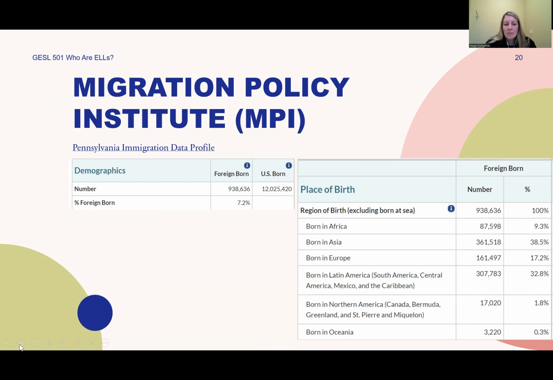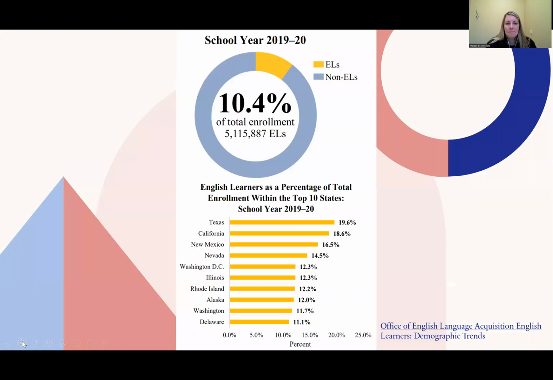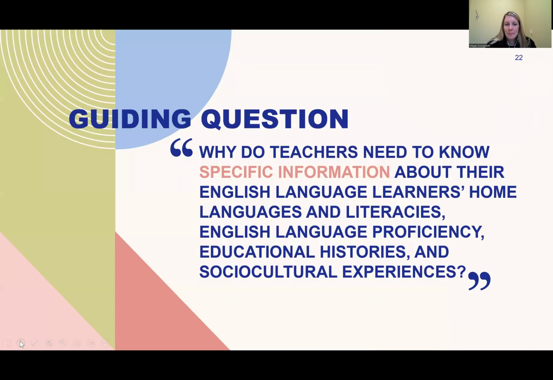About 7.2% of students are foreign born, and you can see here the regions that they're born in and how many students approximately are living in the US. I also wanted to share this data with you, that our largest states that have English learners are Texas, California, and New Mexico, and they're around 20% of their total population are English learners. As you can see, Pennsylvania is not on this list.